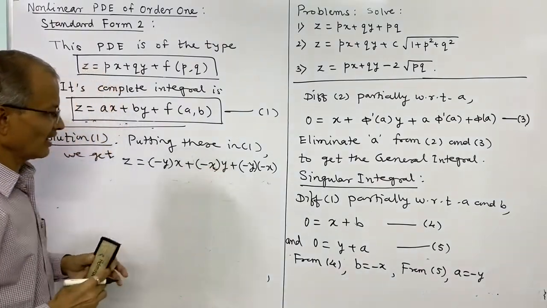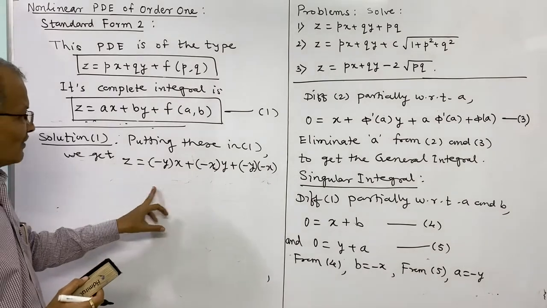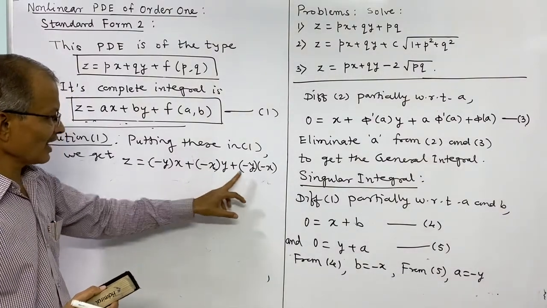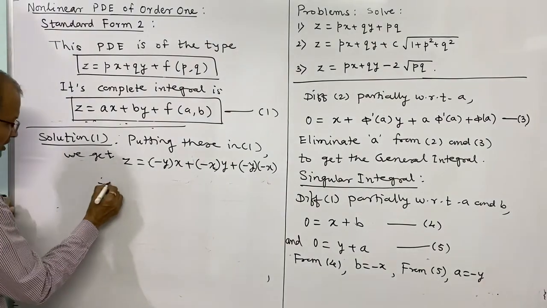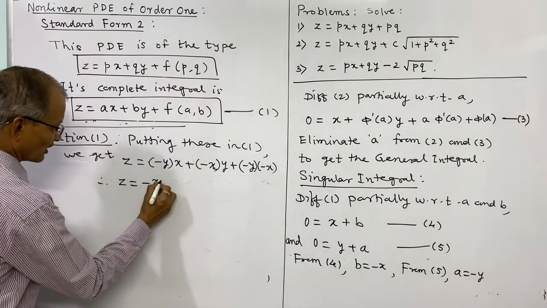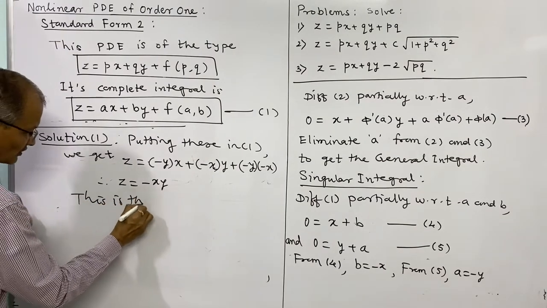Put the values of a and b in 1. We should verify this. We may see here this is negative xy and this is positive xy, which cancels, and only this term remains. That is z is equal to negative xy. This is the singular solution.